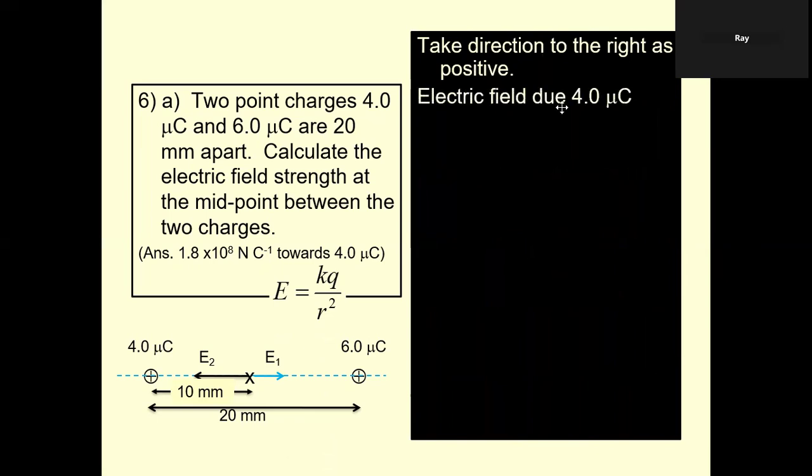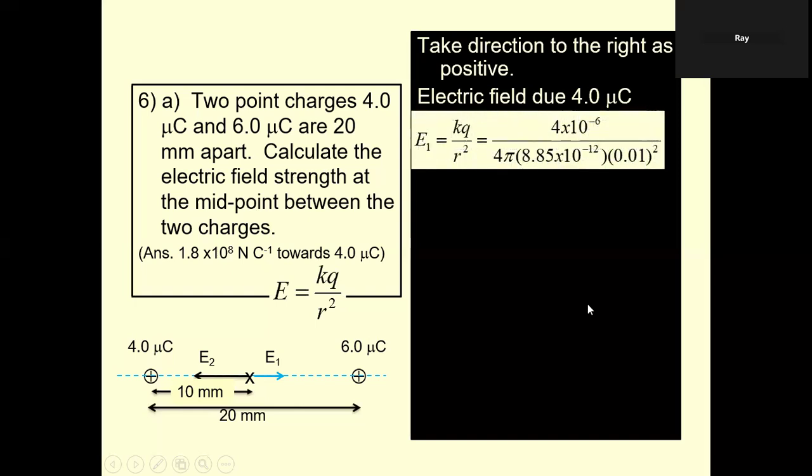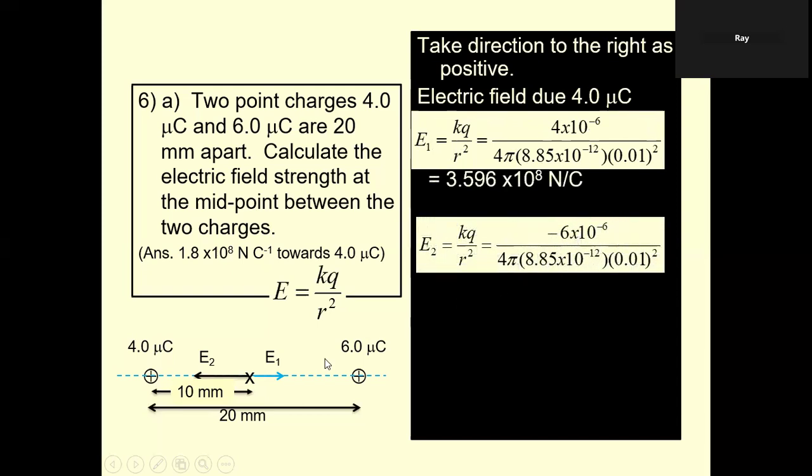Right? Due to the 4 microcoulomb, that's your E1. Okay, calculate out. Due to 6 microcoulomb, same formula, right? But it's negative because it's to the left.